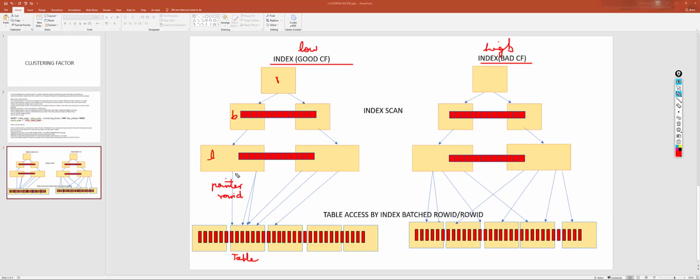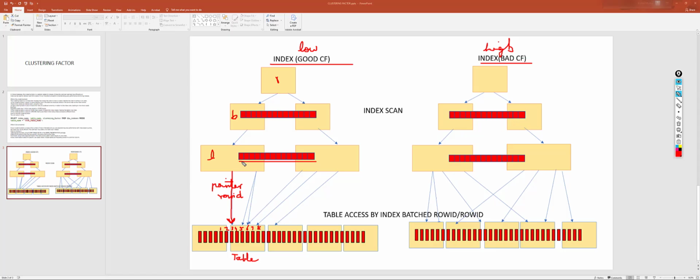Okay, so if all these pointers are pointing to the blocks as per the table order, right? So if the index is storing all the index entries in the form of table order, say for example, this block is 1, 2, 3, 4, 5, 6, 7, 8.